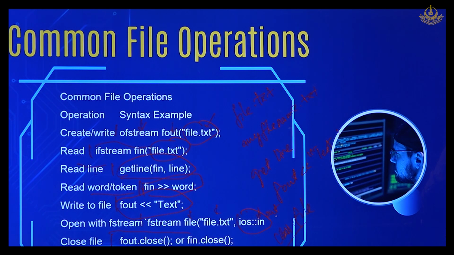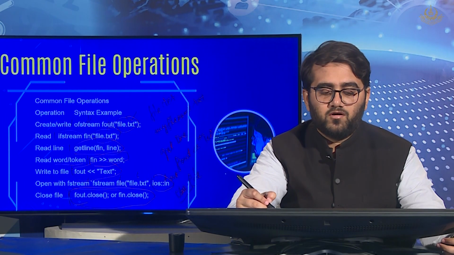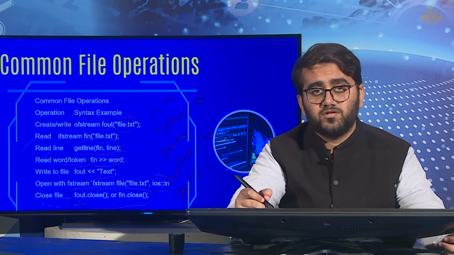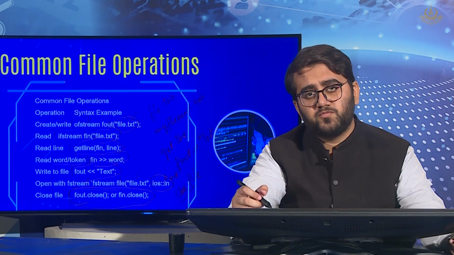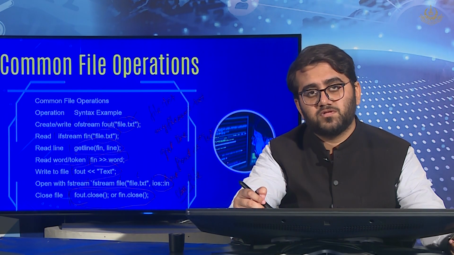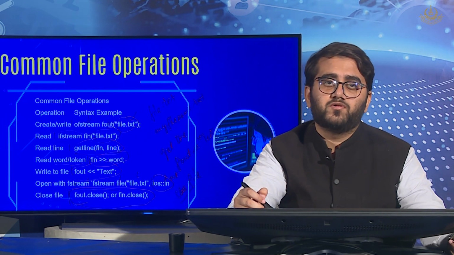So if we want to use it for output, we will write out over there, and then if we want to close the file, we will just use this syntax fout.close or fin.close. If we were inputting values from a file, then we will use fin, and if we were writing to a file, we will use out.